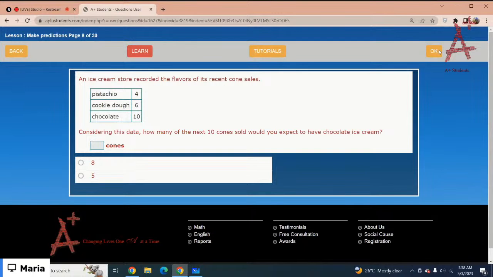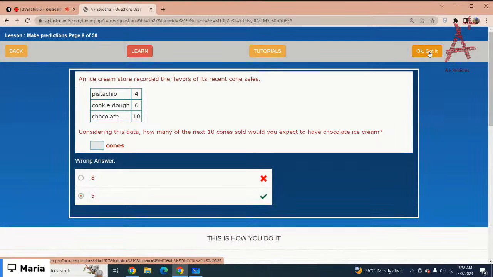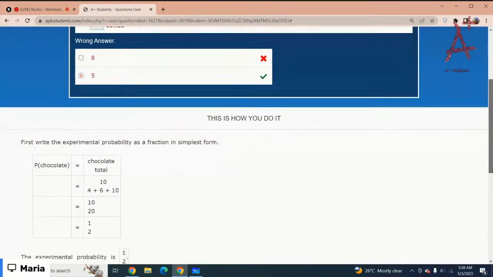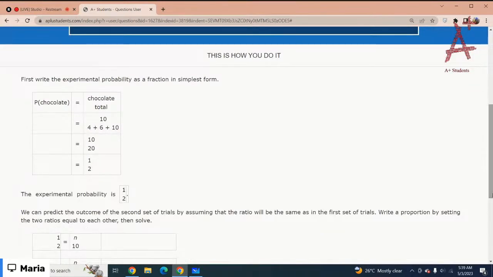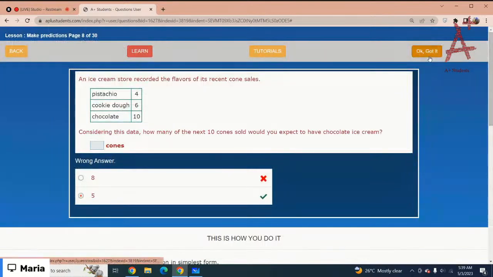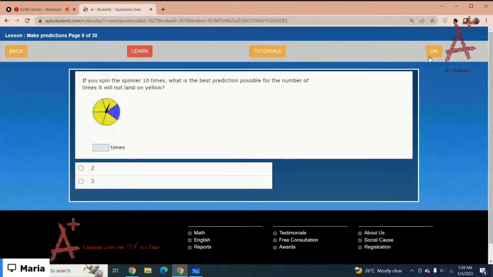So the correct option is 8. Oh, the probability of chocolate is 1 by 2. Okay, so if this is 10, that means half of them are chocolate. 5 of them are chocolate.